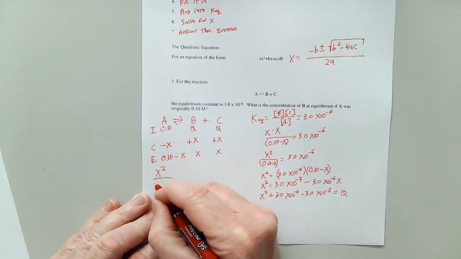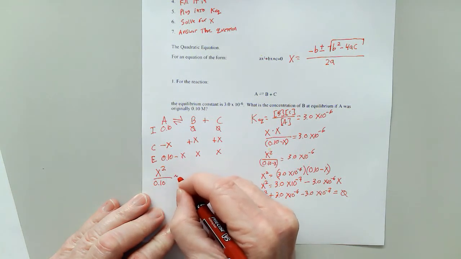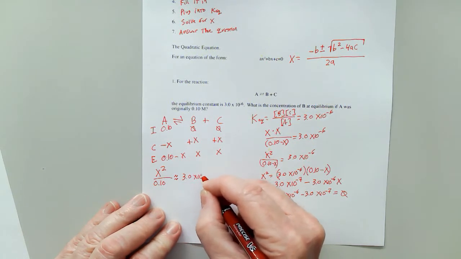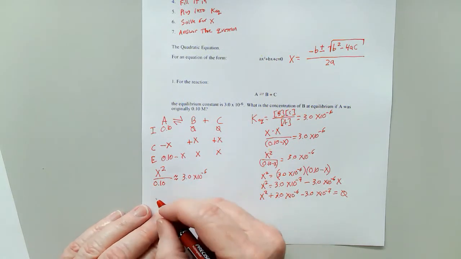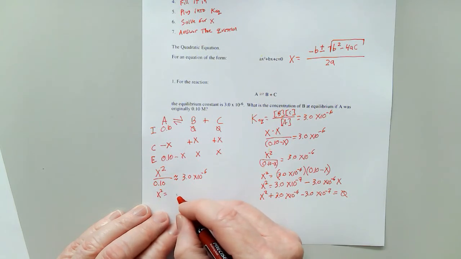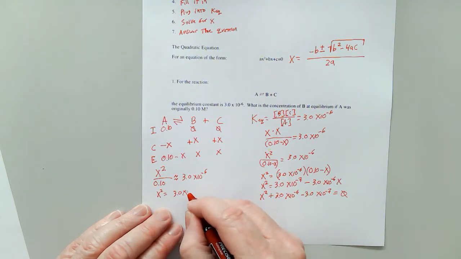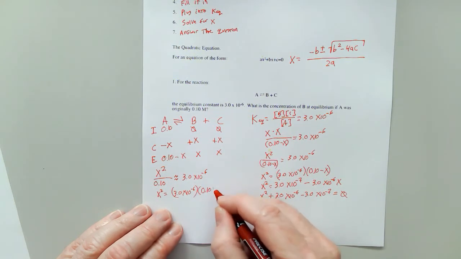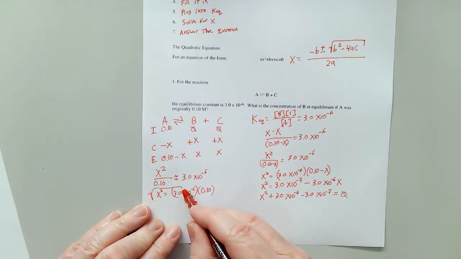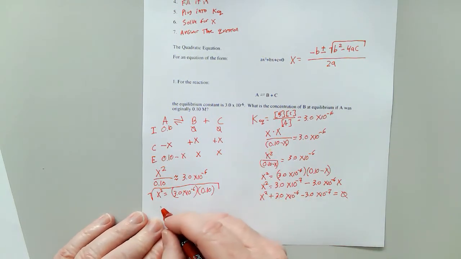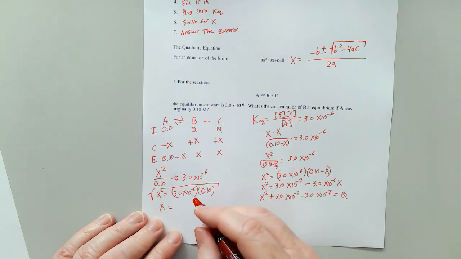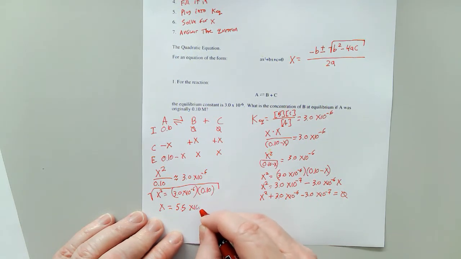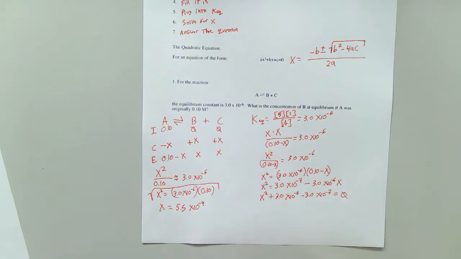X squared over 0.10 is approximately equal to 3.0 times 10 to the negative 6th, or x squared is equal to 3.0 times 10 to the negative 6th multiplied by 0.10, and I can take the square root of the whole thing, and x equals 5.5 times 10 to the negative 4th.